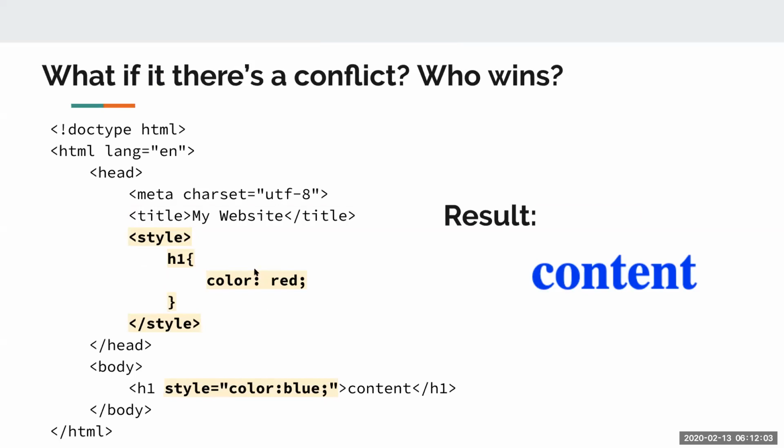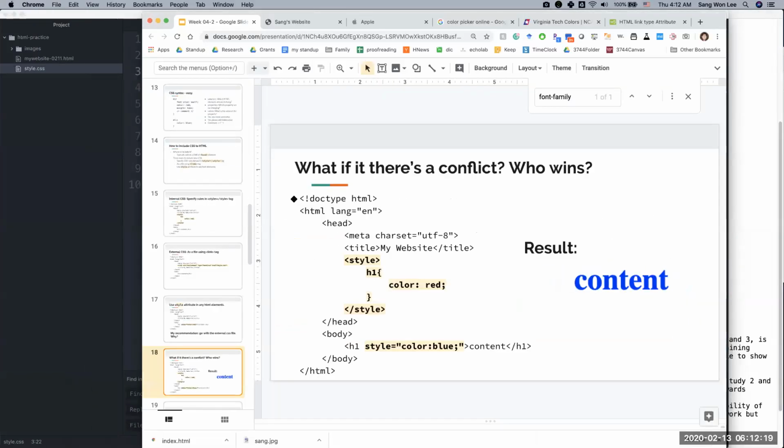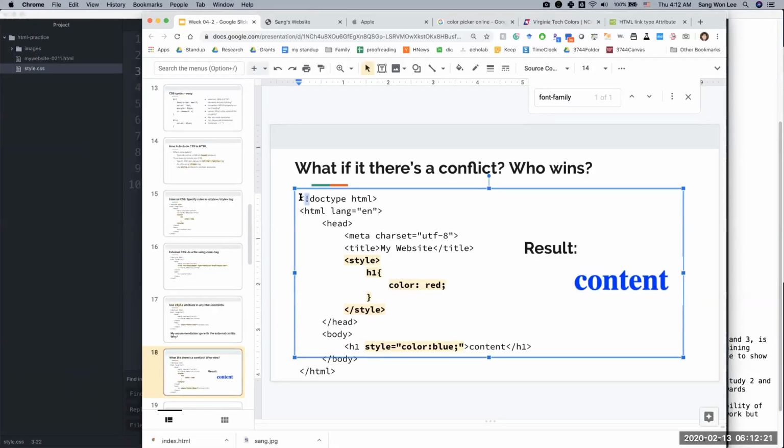We have seen this: if you have a style tag and a style attribute, the inline style is going to have more priority. So let's grab this code and test it.